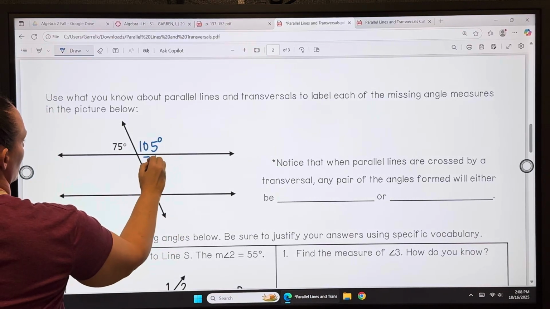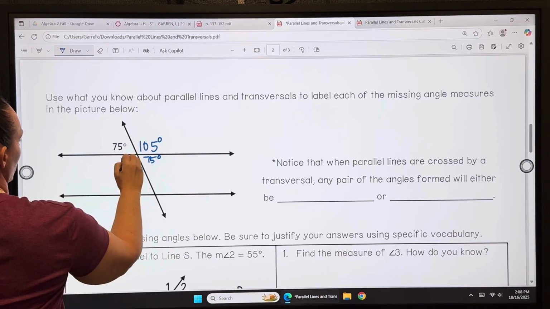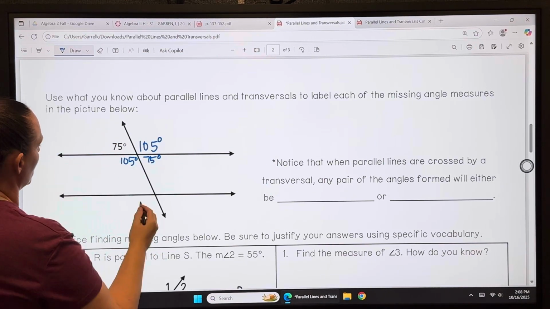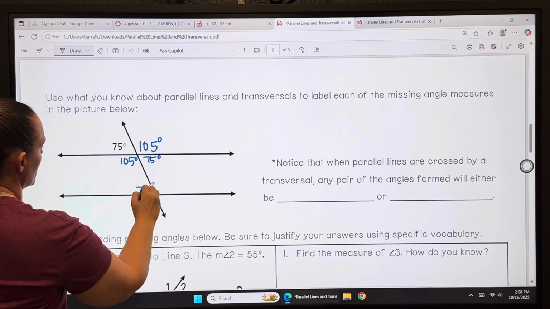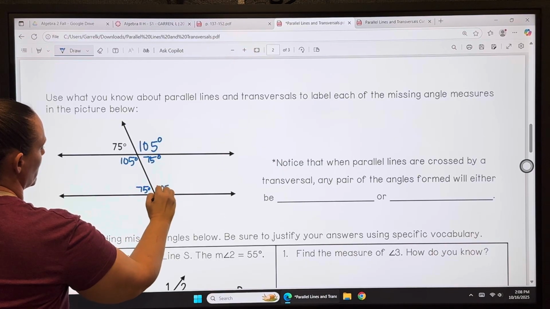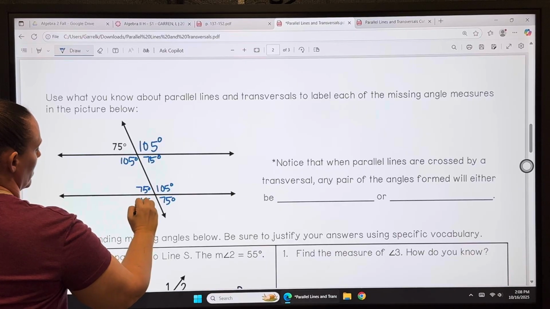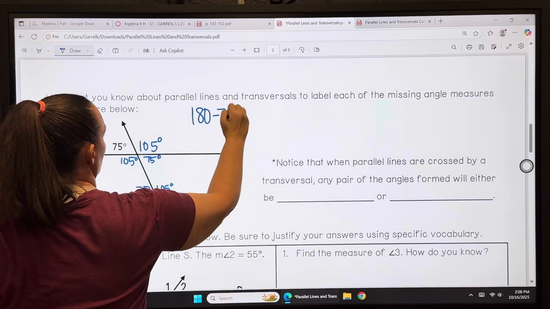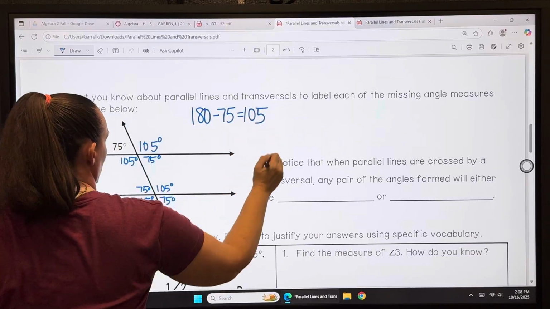So this would be 75, this would be 105. If they're in corresponding positions, they're the same. So this one would be 75, and then this across from it would be 75, which makes these 105 and 105. 180 minus 75 gave us the 105. That's where we got it from.